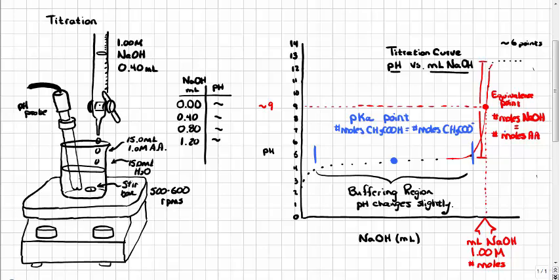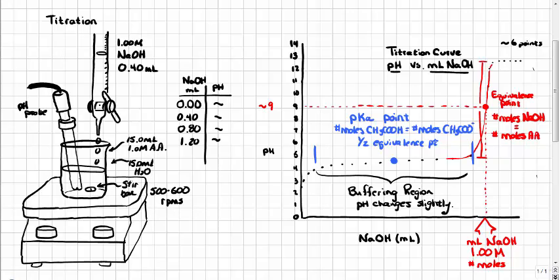However, as the sodium hydroxide reacts, the acetic acid is converted into acetate ions. And when we reach a point where we've used up half of the acetic acid and converted it into an equivalent amount of acetate ions, we've reached the pKa point, which is also called, not coincidentally, the half equivalence point. Because in theory, we've reached a point now where half of the acetic acid has been neutralized and converted into acetate ions. All right.